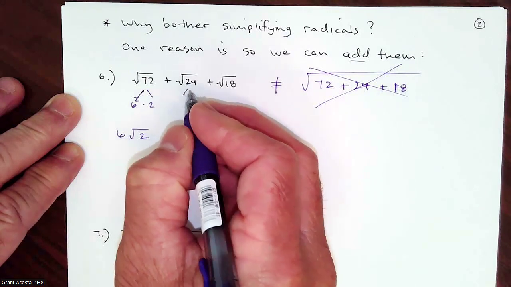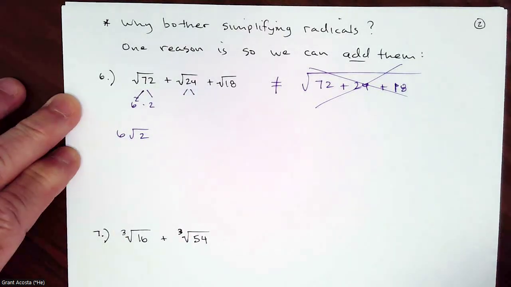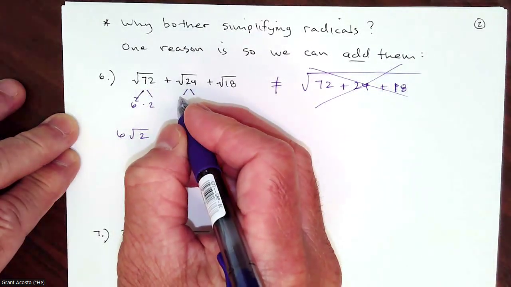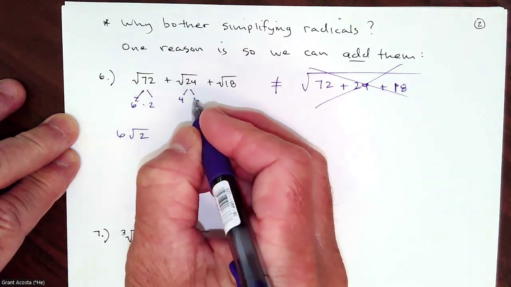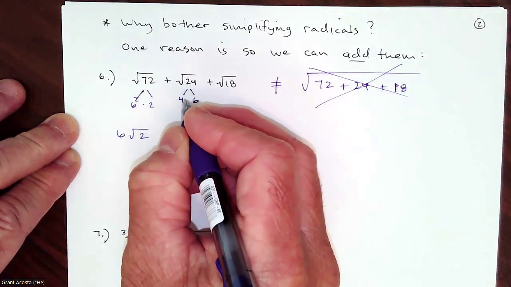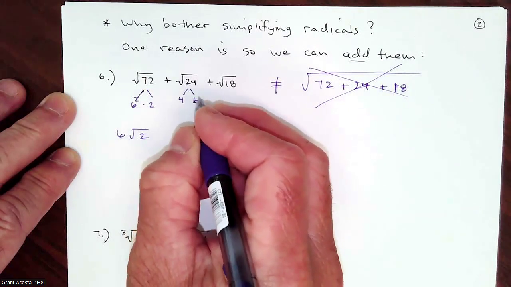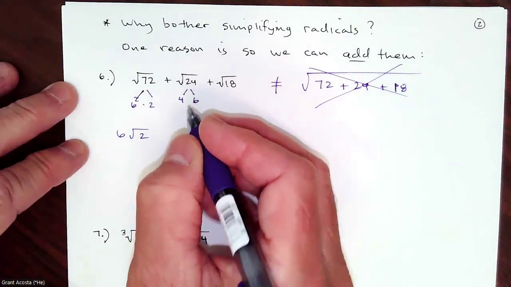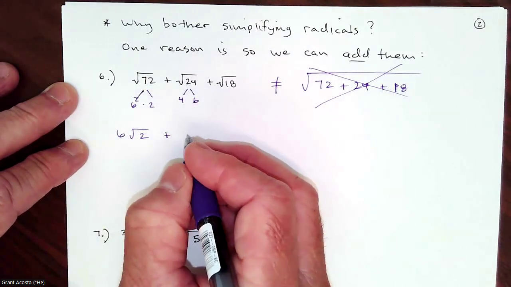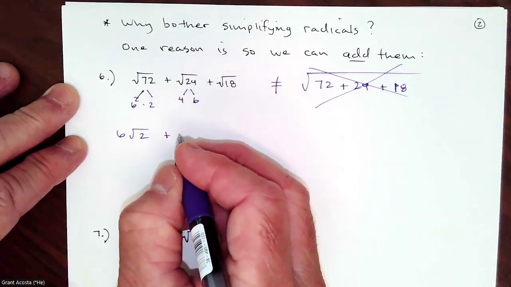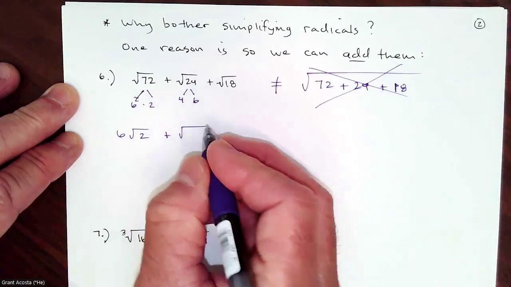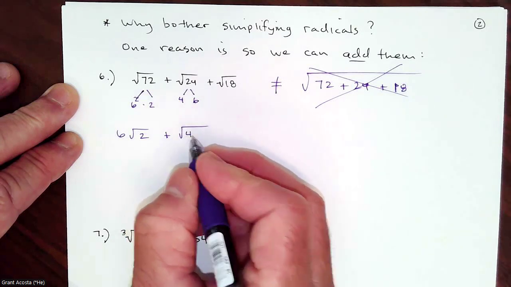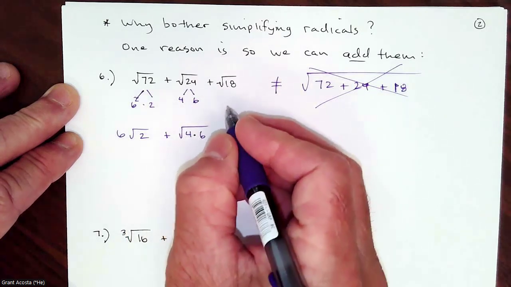Now let's think about 24. If I broke that down, it is 4 times 6. And 4 is a perfect square, and 6 only has 2 and 3, which is not a perfect square. So let's take an intermediate step: I could write the square root of 24 as 4 times 6.